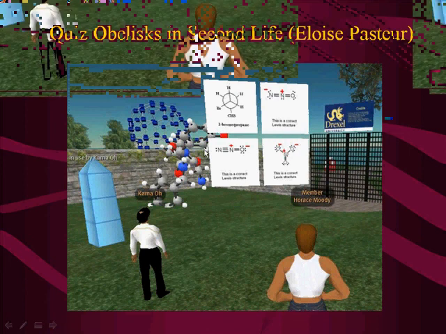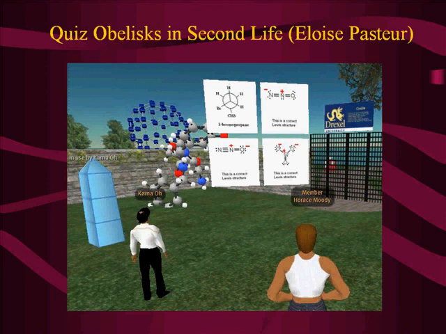But it's the same deal, and I can have many obelisks in an area, and the students can all come and they can compete against each other, or they can come anytime and practice for the tests. So the only difference here is when you click on an incorrect one, you just got to start over. If you click on a correct one, it just gives you a new set of questions.